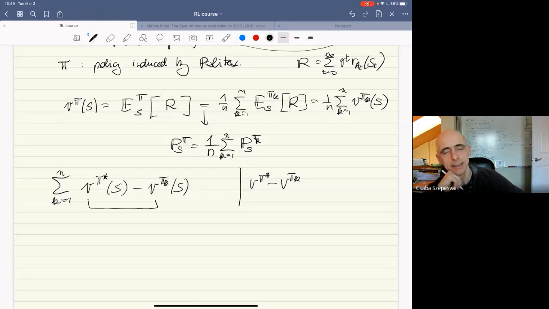There is an identity for this, right? That's been very helpful to analyze policy iteration. It's called the value difference identity. I just call it identity, not lemma. Wesley, thank you. So the value difference identity, all right.